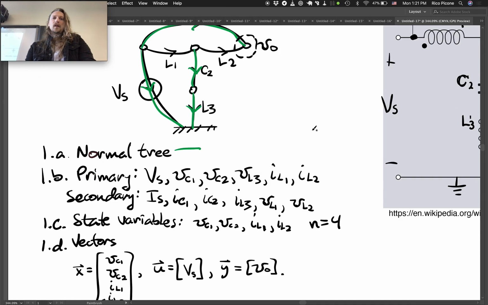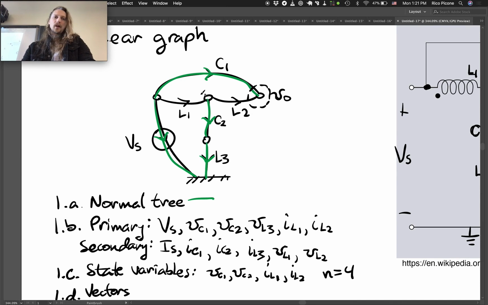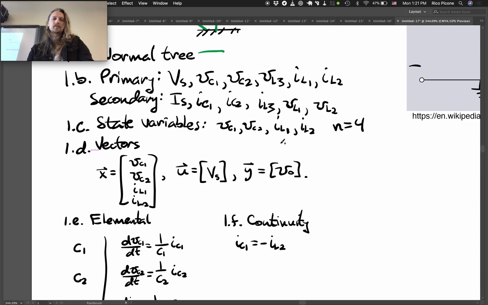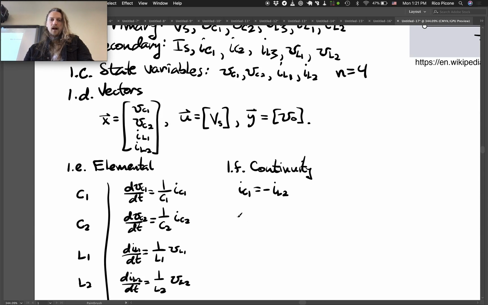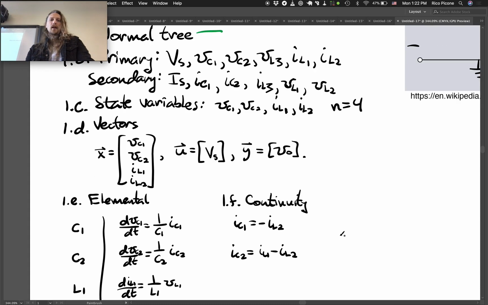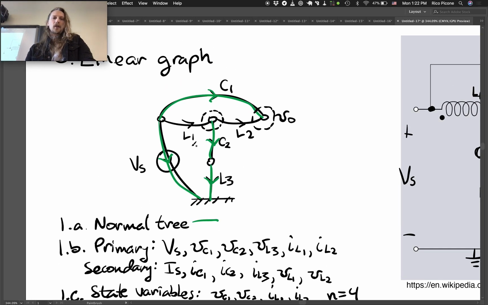Okay, so other continuity equations. We can do one for C2 as well, right? So IC2 is leaving the contour, so it's equal to everything going into the contour. So IC2 equals IL1 minus IL2. Now we've got a continuity equation for L3 that we can write with this contour, right?